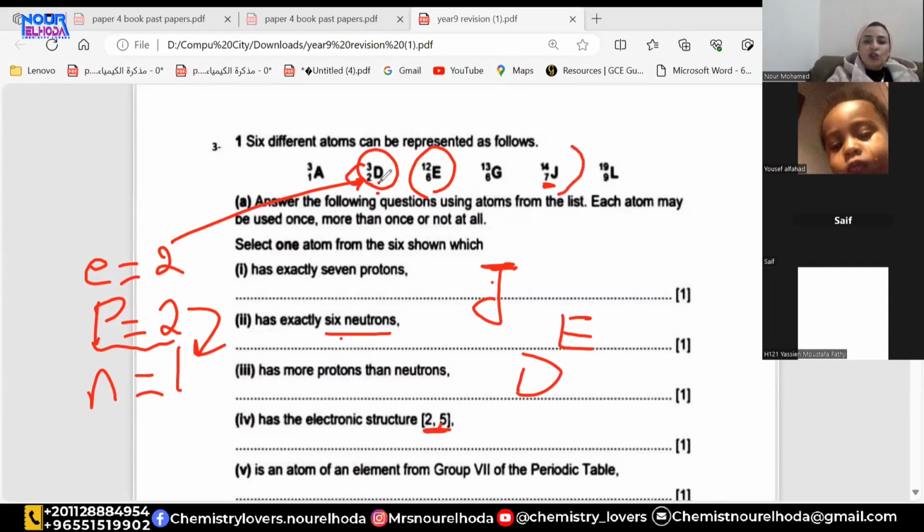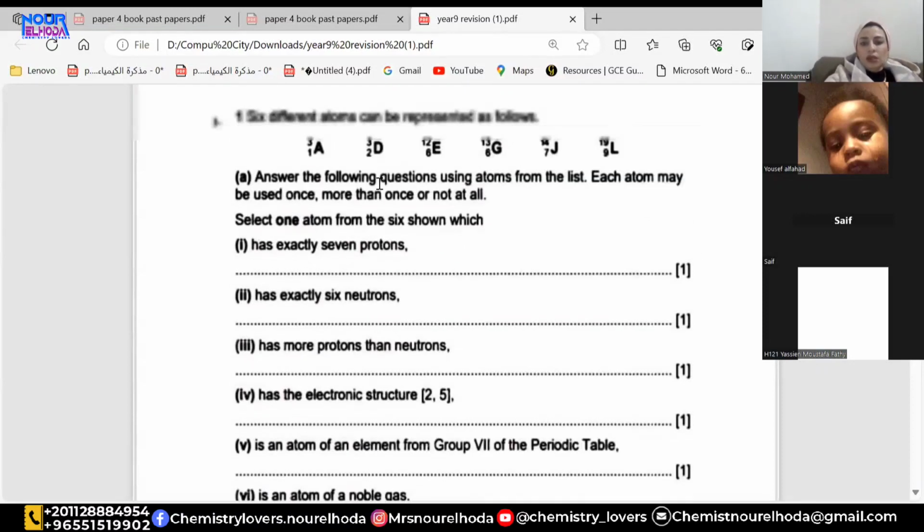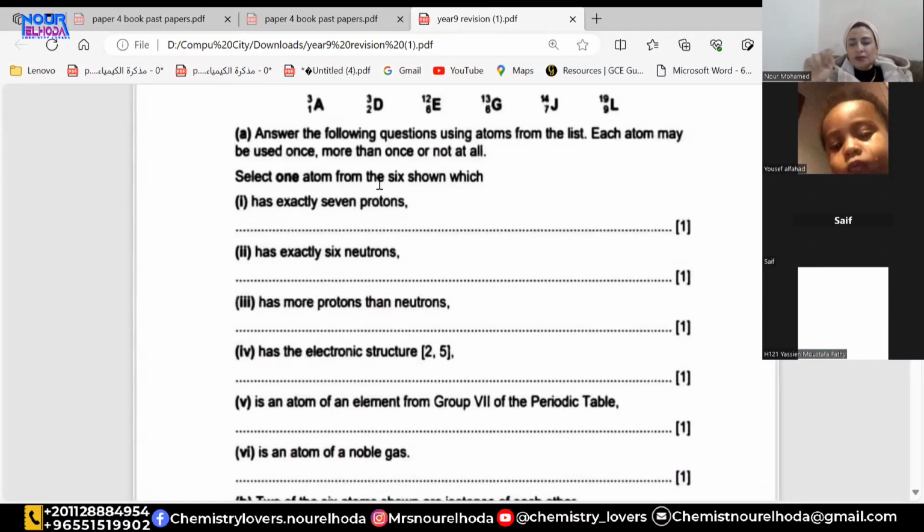So that's why I'm going to choose J again. But this is easy. Next, which element is in group VII? When you find the VII, this means it's group 7. So it's going to be L. Why? Because L is 9, so its configuration is 2, 7.